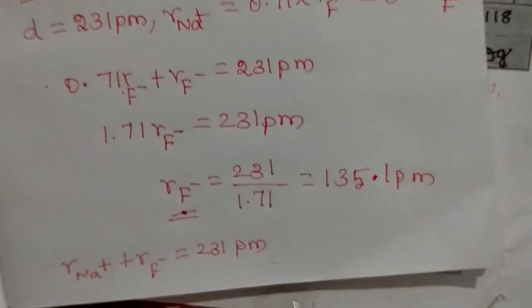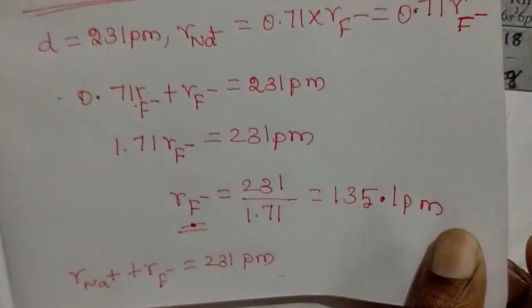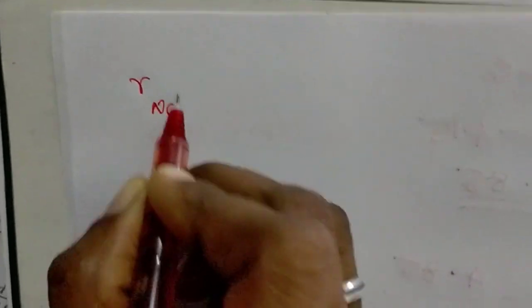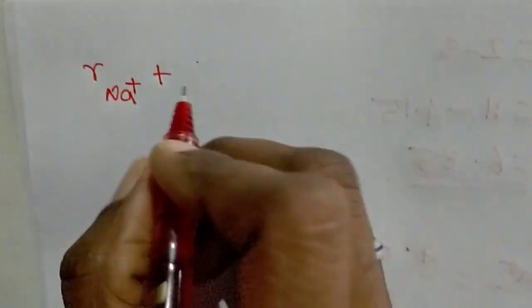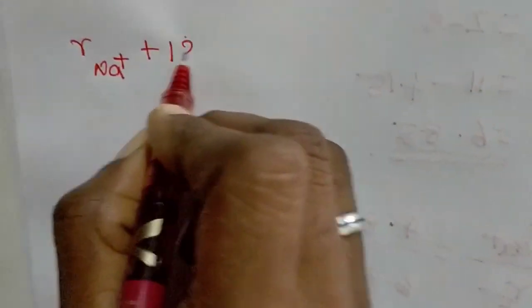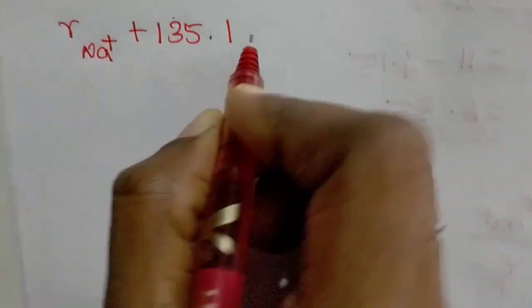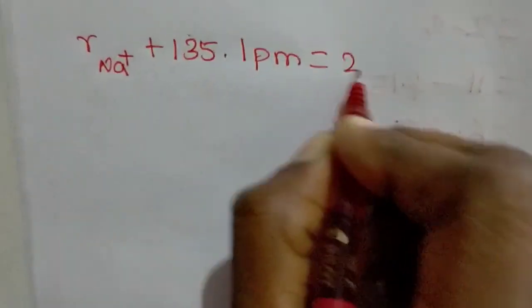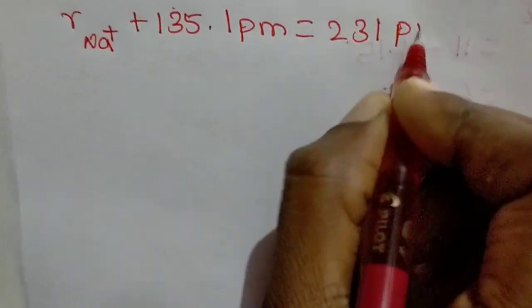Then substitute this value in this equation. r_Na+ plus 135.1 picometer equal to 231 picometer.